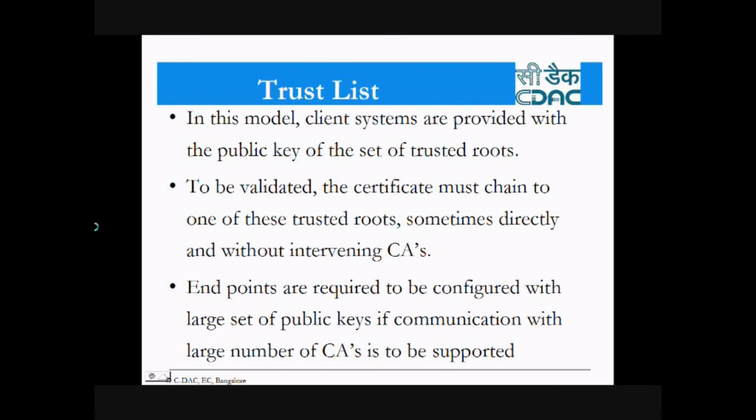But suppose it comes from somebody else whom I don't know, but that particular certifying authority comes below one of the trusted members in my list, then I accept that particular certification. Let me clarify it with an example.